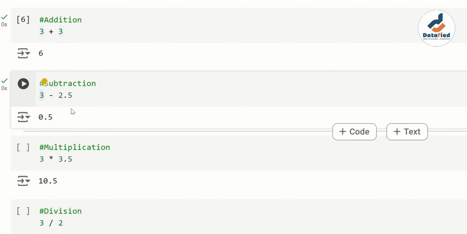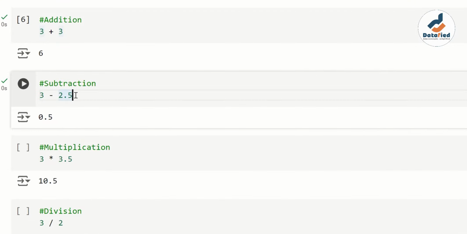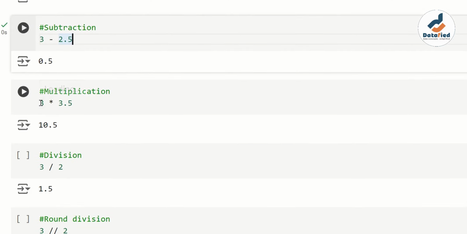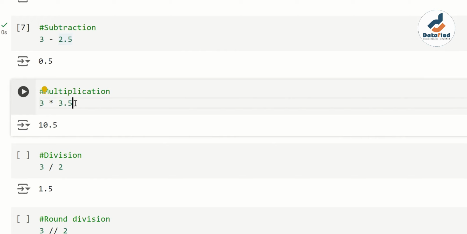Now even if I'm subtracting two integers that I convert to floating numbers, or subtracting an integer from a floating number, or a floating number from an integer which I convert by adding a 0.0, it will always return a floating number. For multiplication, we have 3 asterisk 3.5, which means 3 times 3.5, and that returns 10.5.